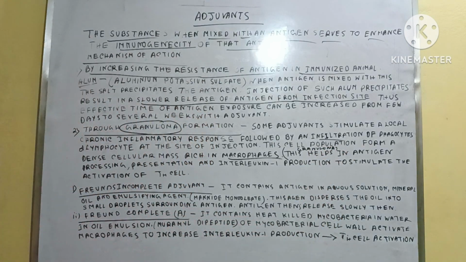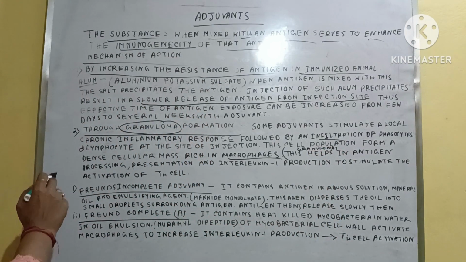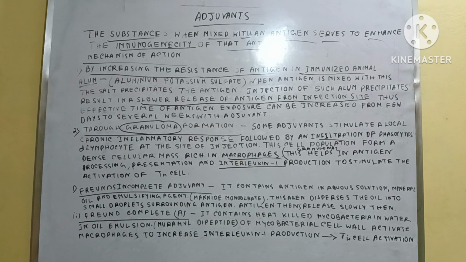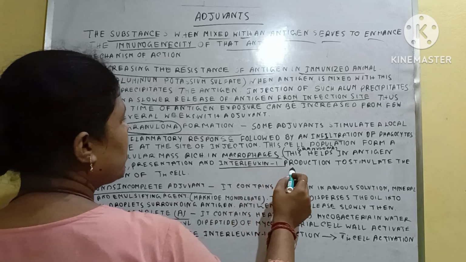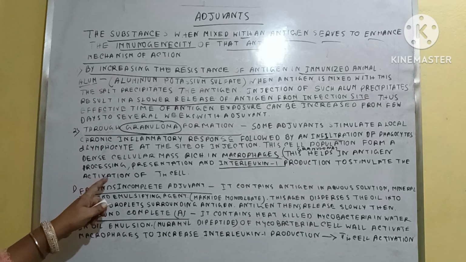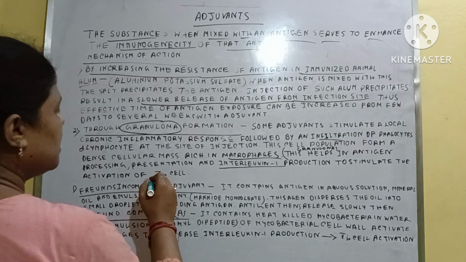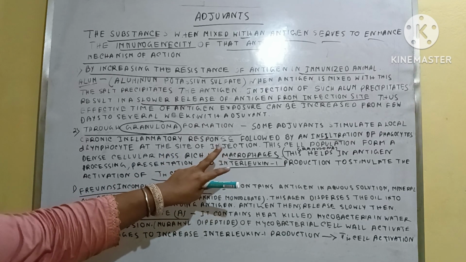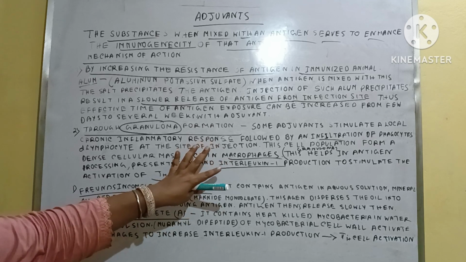By this interleukin 1 production, it can destroy the antigens through activation of the Th cell. Two things are done here.